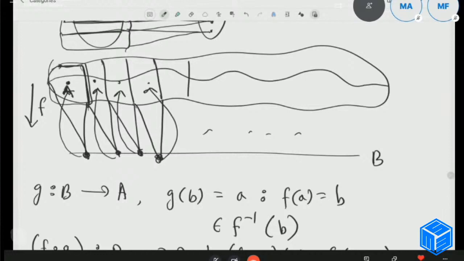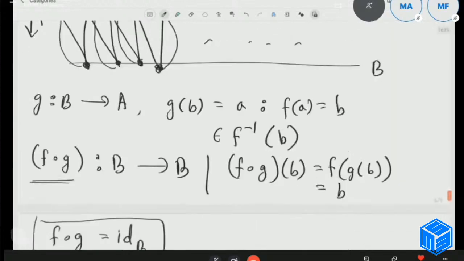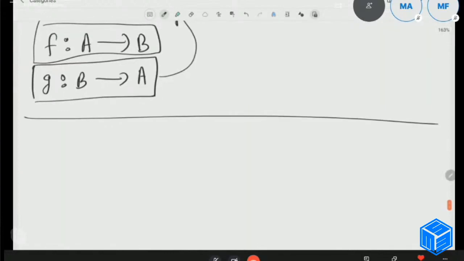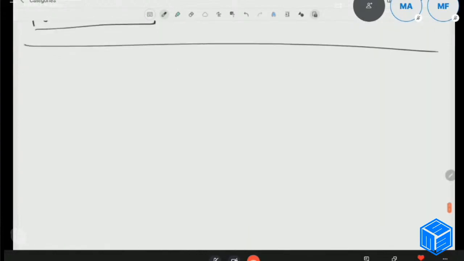There is a question in the chat from 123 Ducky Ducky, and they ask, what are the things that these arrows are composing? Can they be any sort of object, not just a collection of things necessarily? Here's an example. My category will be, well, the objects are numbers: 1, 2, 3, 4, and so on.